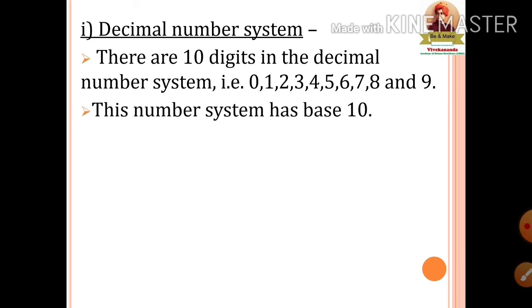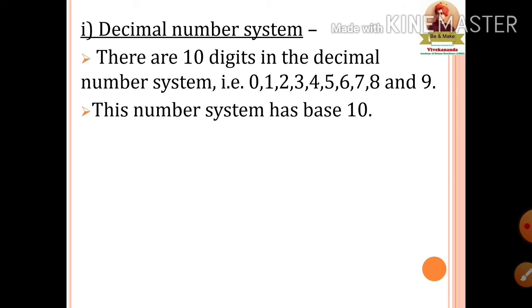This number system has base 10. Again here we came with the term base 10. Now what is meant by base 10? Base means how many digits there are in that particular number system, and that is considered the base of that number system. As you know, the decimal number system has 10 digits inside it.